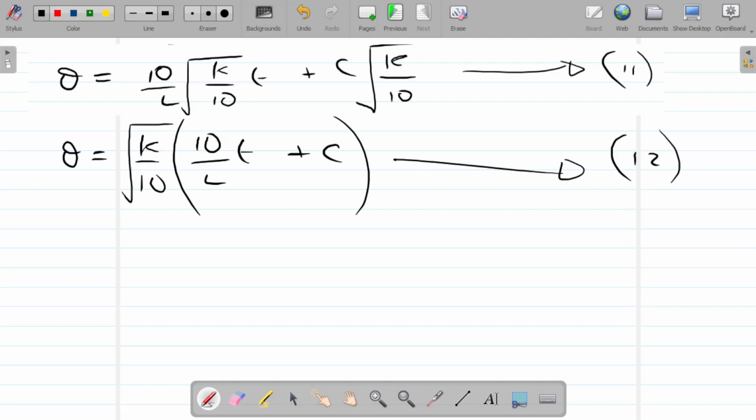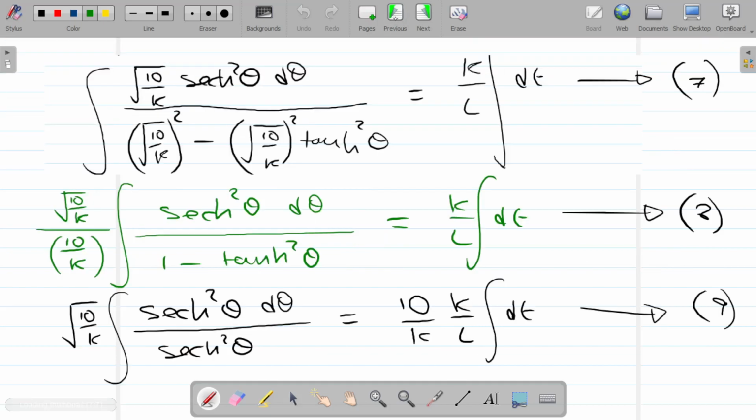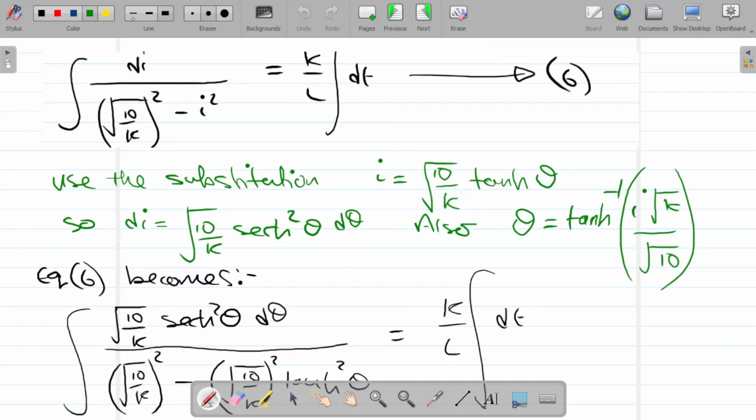Now, writing in green again, we know that theta is equal to, well, what is theta equal to? Well, if we go back, we already deduced that theta was equal to the inverse tan of I root k over root 10.